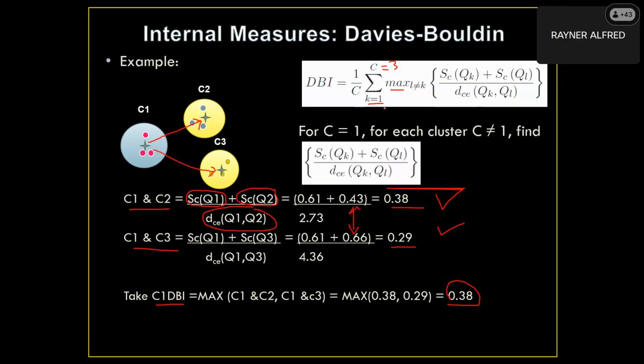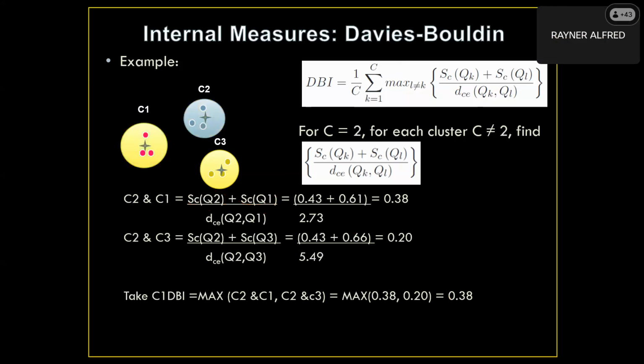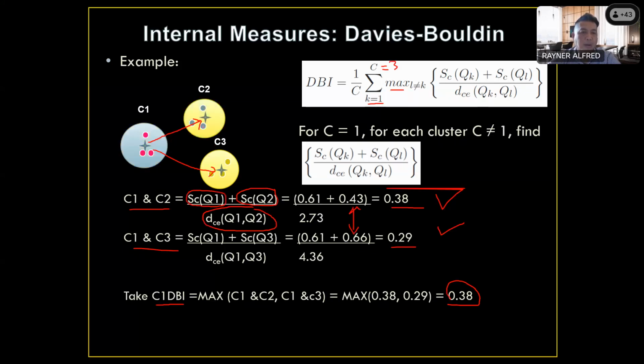So now we go for k equal to 2. So you notice that the color is different right now. So now we are looking at cluster 2 against the other cluster. So we do it again for this. So for cluster 2 and 1, basically they are the same because we are doing the same, but only the other way around.